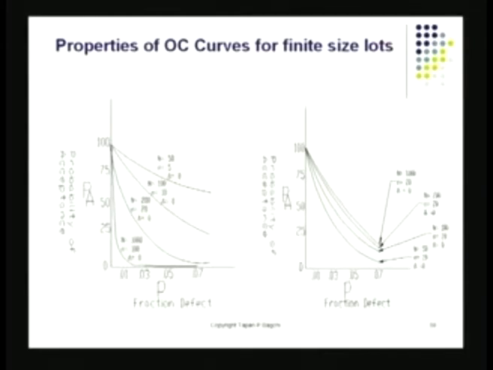And of course, the OC curves tell us whether a plan that I make is good. Remember, any kind of plan that I work out, whether it's a single sampling plan or a double sampling plan, is going to be such that I end up with protection provided to the user, and I also protect the supplier.